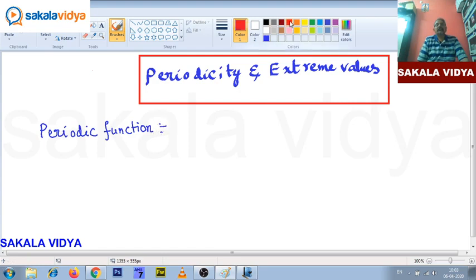Let's have a discussion on this one. Periodic function. So what is the periodic function?